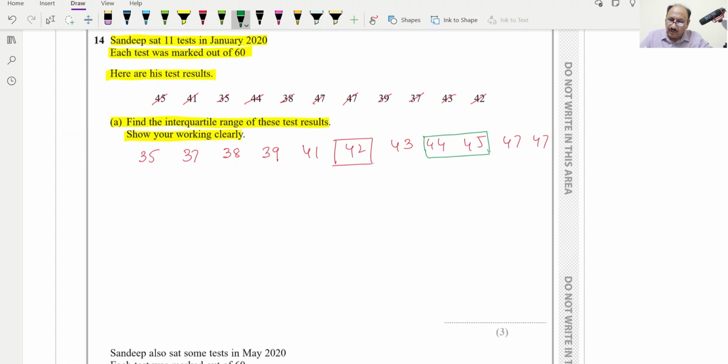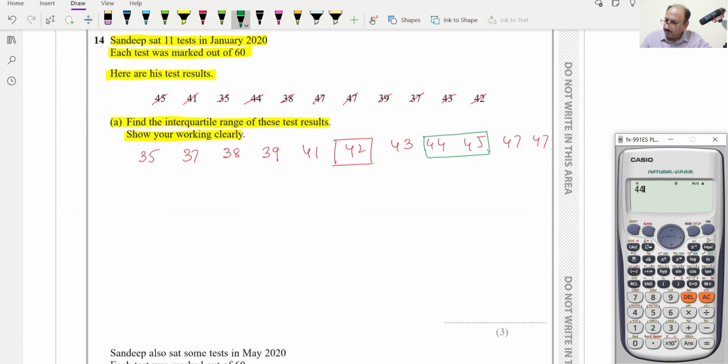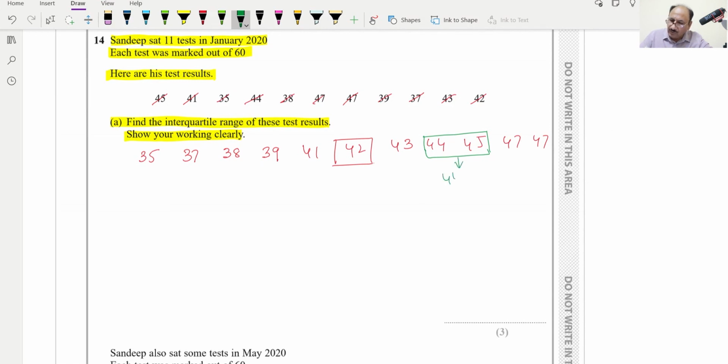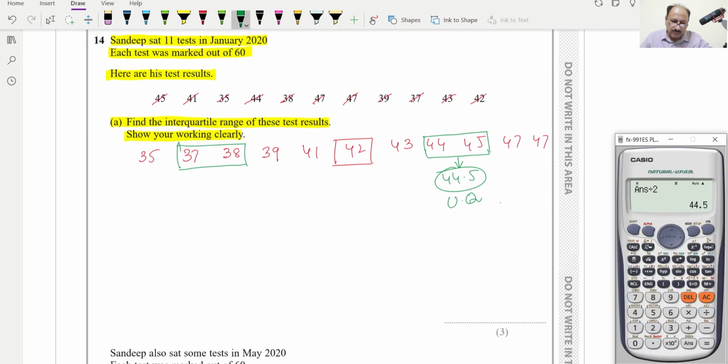So 44 plus 45, divided by 2, gives 44.5. This will be upper quartile, and the lower quartile will be adding and dividing by 2 these two numbers, basically not these.